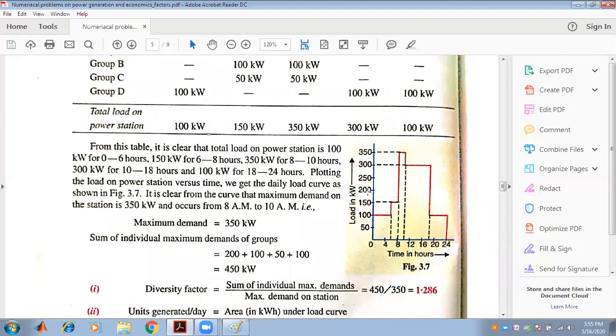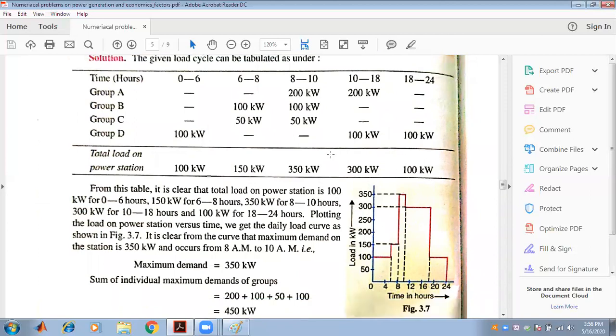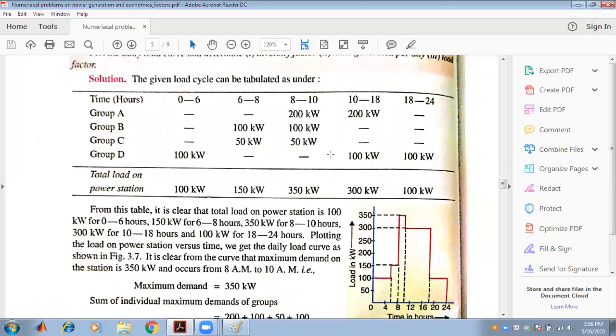So now what I have told is that I can draw the load curve in a different manner. So I am now drawing, taking those data, I am drawing my load curve. Okay, now how do I draw my load curve? Taking those data, I am drawing my load curve.